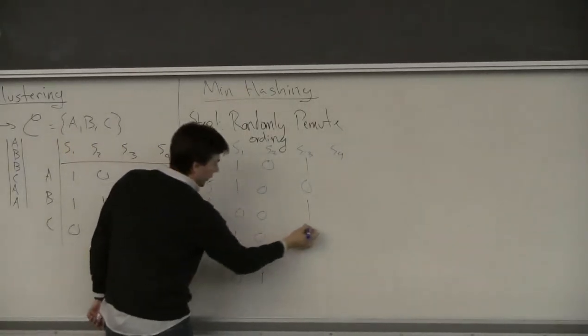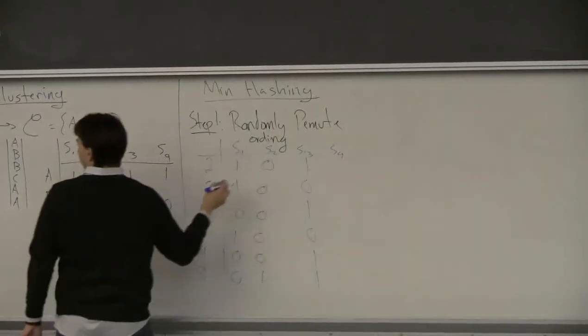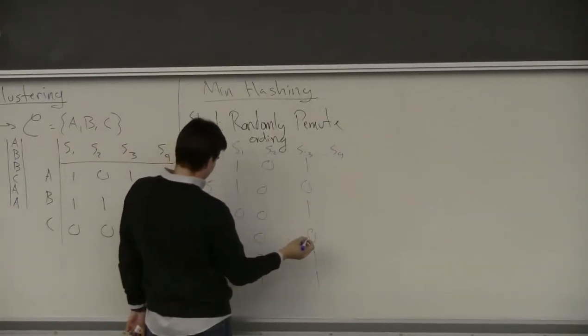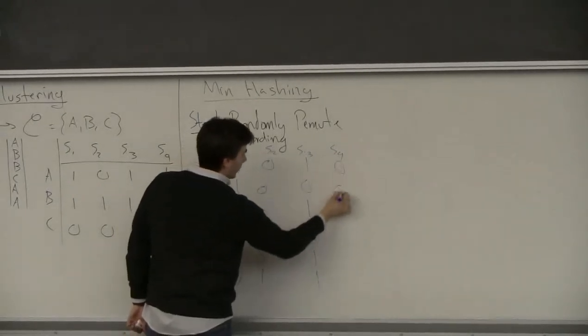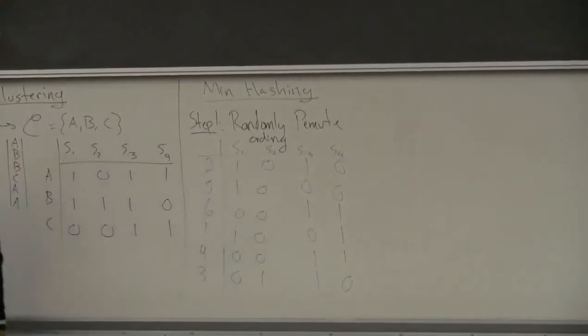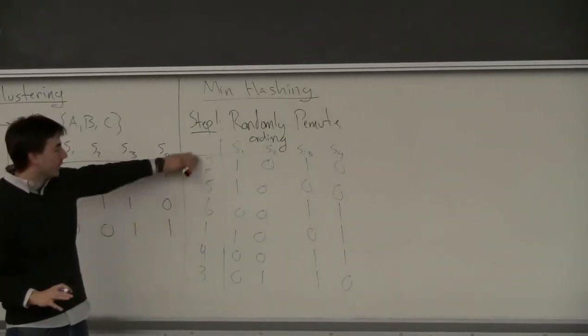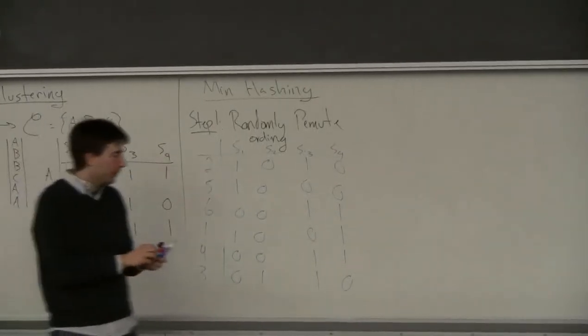And set 4 has 1, 4, and 6. Did I make any mistakes, or did I do this right? Okay. So the first step is to do this random permutation of the ordering of the elements here.